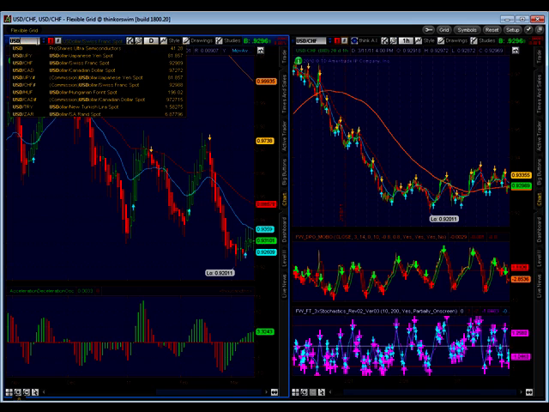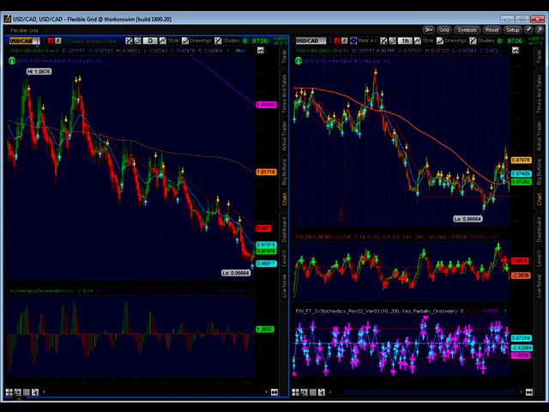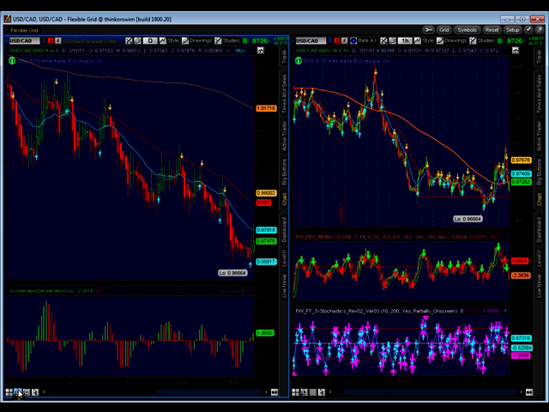We'll go with the Canadian dollar. And this one looks very much the same. Not as much respect or acknowledgement of the 20 moving average here. And you can see in the past we did make our way up to the 50. So even though it's way off, I probably would do the same thing.